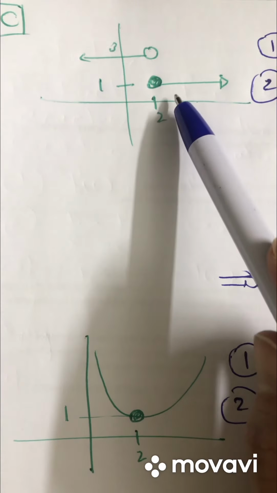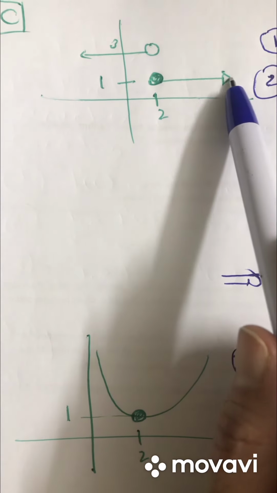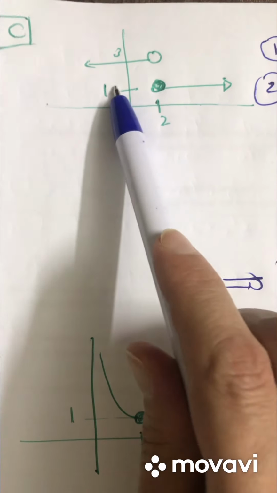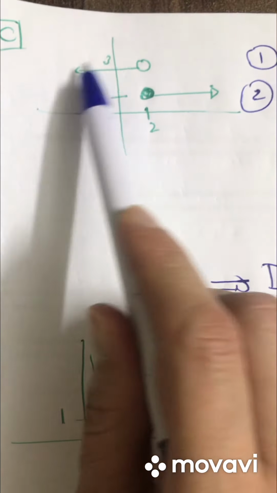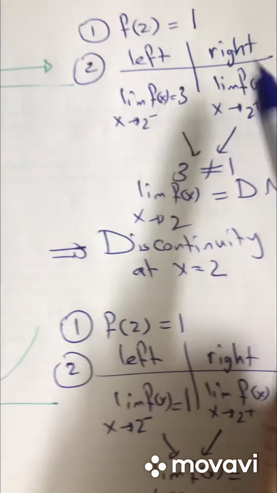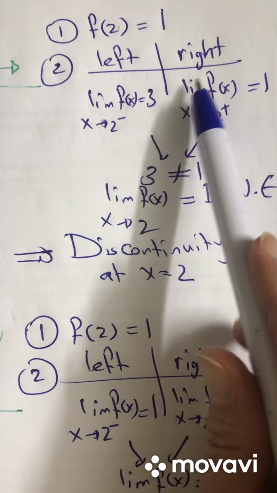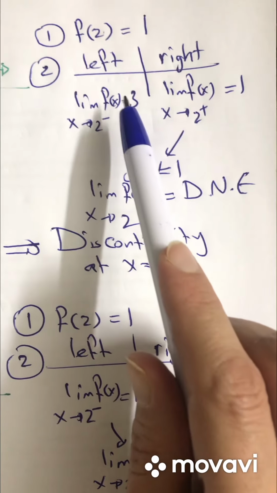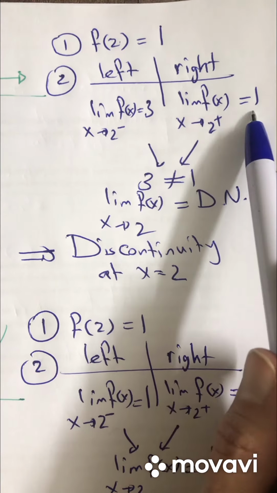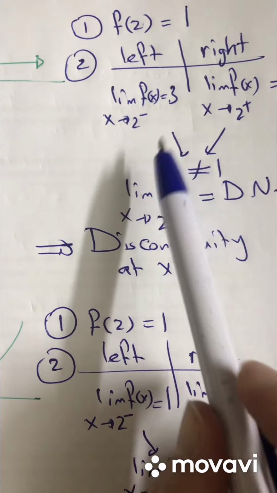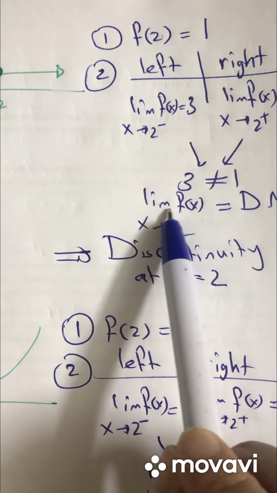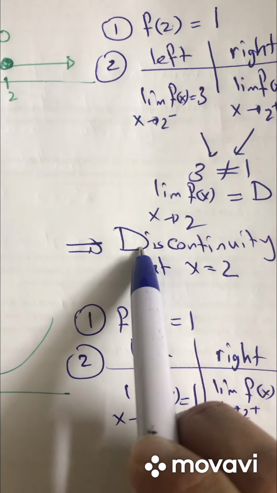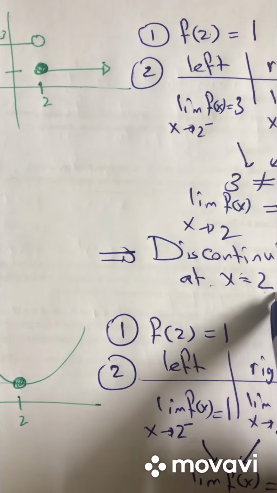When I'm asking about limits, you will say the limit approaching from the right is 1. The limit approaching from the left is 3. Look at the graph and decide. From the left, it's 3. So 1 and 3 are not equal, so the limit of f of x as x approaches 2 does not exist. So directly, discontinuity at x is equal to 2.